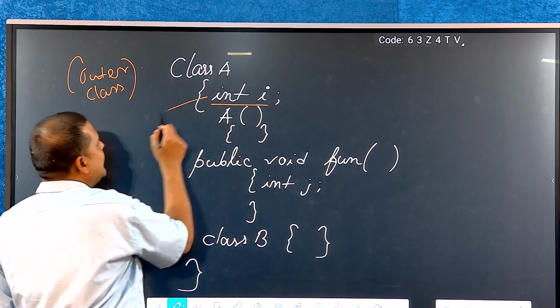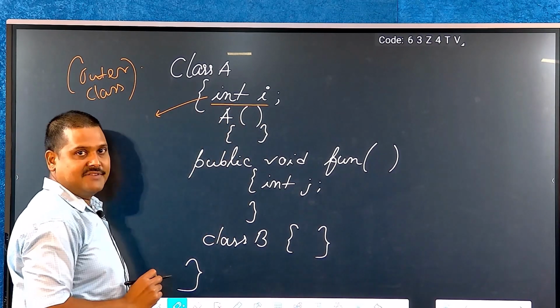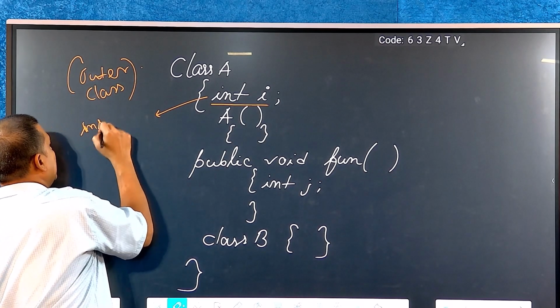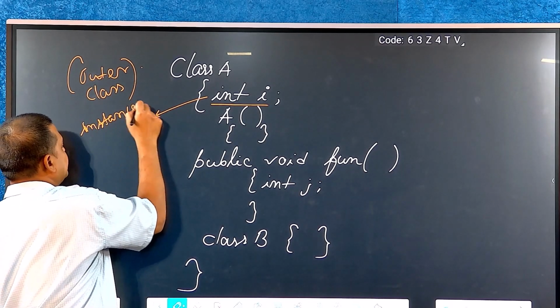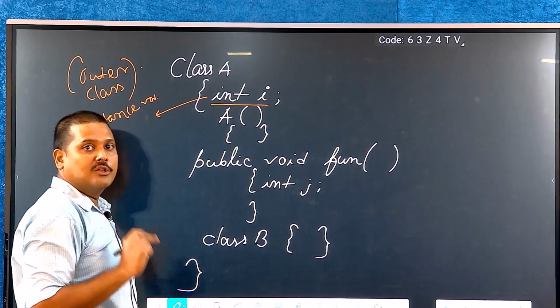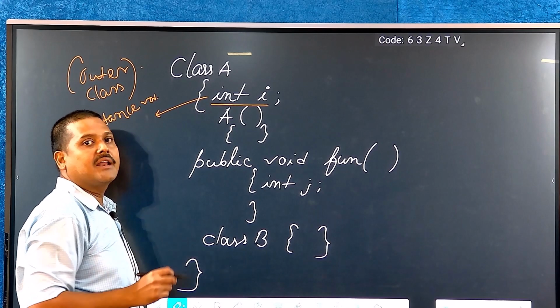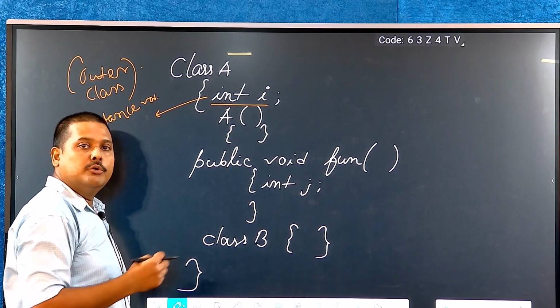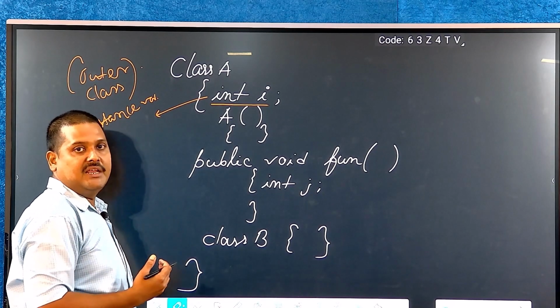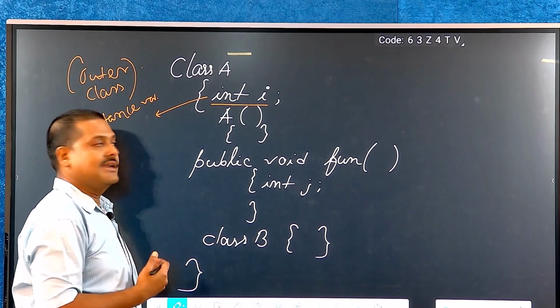This is a variable, called an instance variable, a member of our class. Instance variables are those variables which are allocated in memory when we create the object reference variable, or create the object of a class.